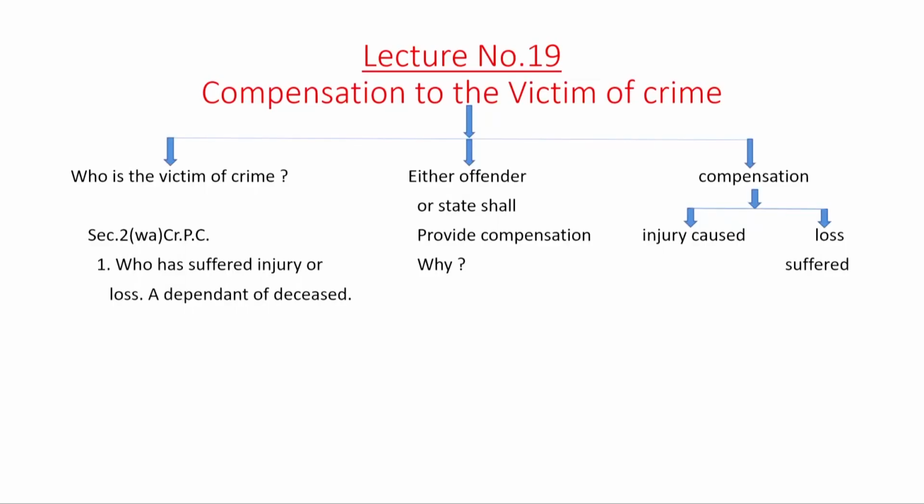For this purpose, the Indian Parliament in the year 2008 gave a very wide definition of victim of crime, so that the dependent of the deceased can also be compensated, and with this objective, the victim of crime has got a place in our criminal justice system, in our legal system.